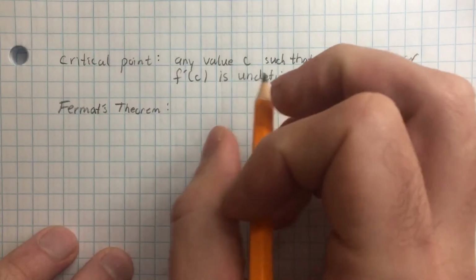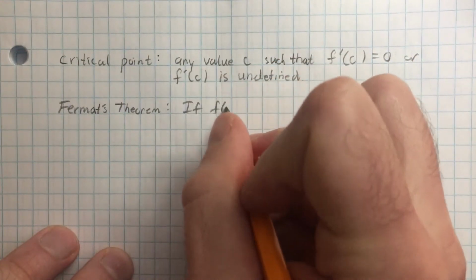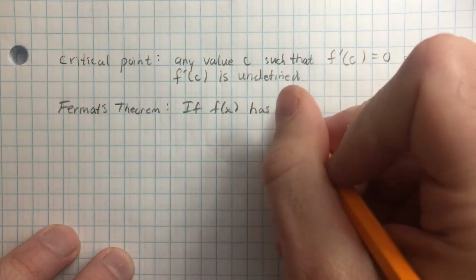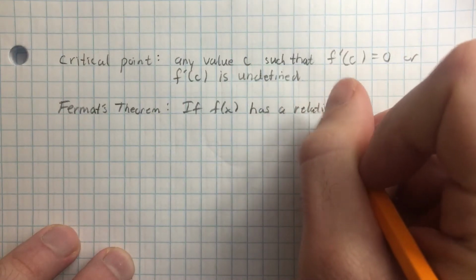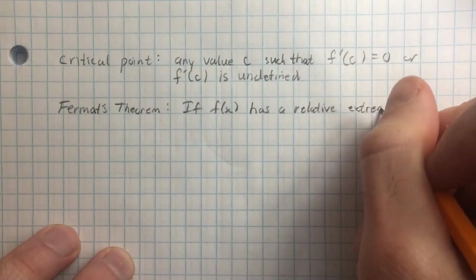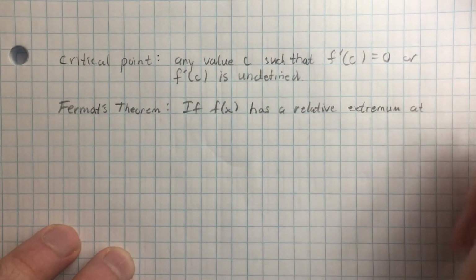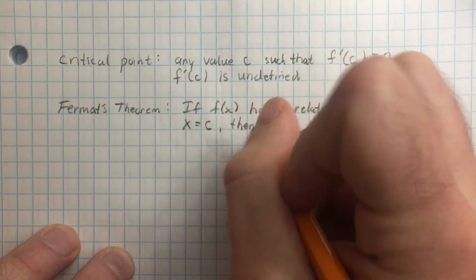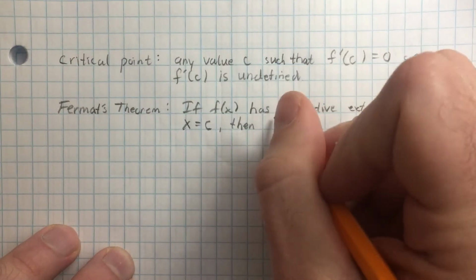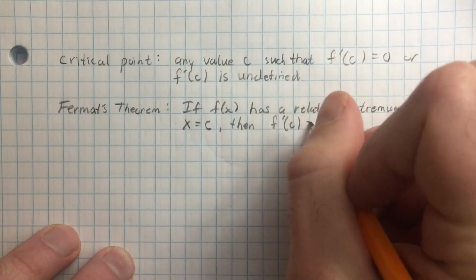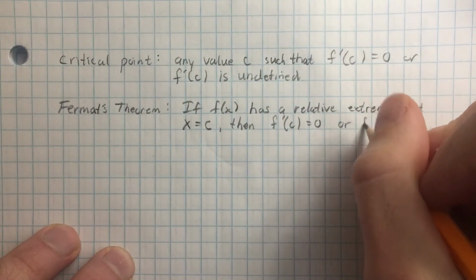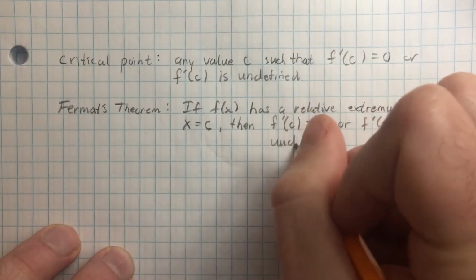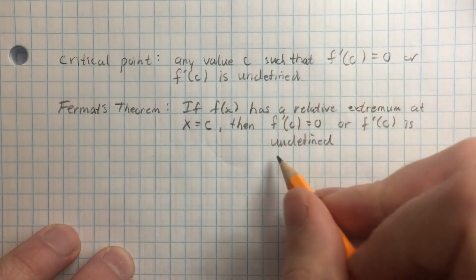Fermat's theorem says if a function has a relative extrema, or relative extremum, at a location x equals c, then it must be that f prime of c equals 0, or f prime of c is undefined, i.e. what?